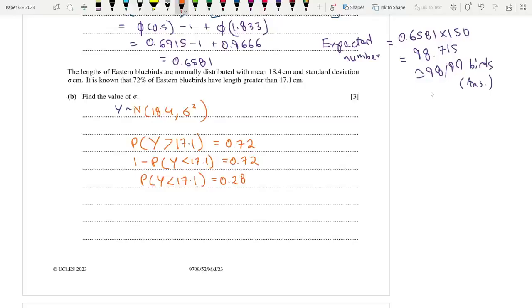Let's standardize it now. We can write P(Z < (17.1 minus 18.4) divided by sigma) is equal to 0.28. This is the basic part.